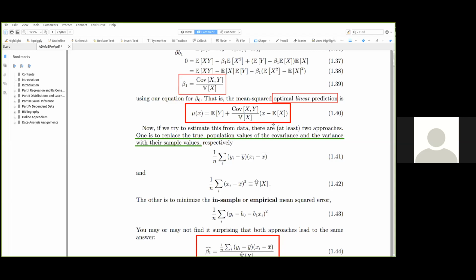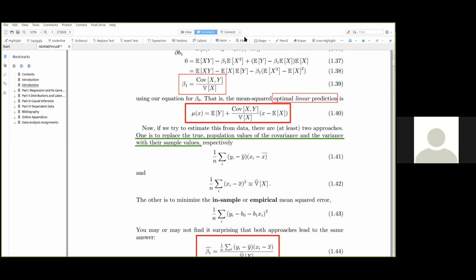So there are two approaches to do this. One is, you have the data set, calculate these things from the data set and substitute them over here. So you are using the sample values of covariance and variance as the true values, which is what you need here.